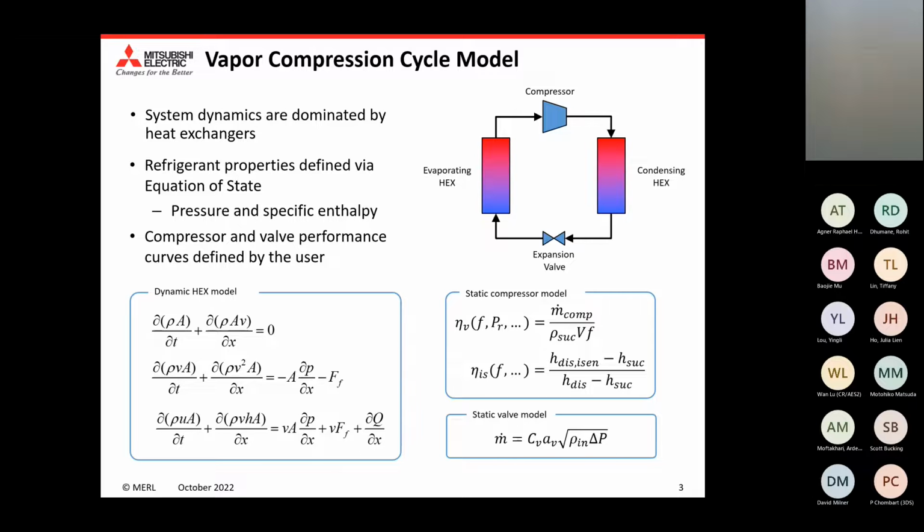In our work, the heat exchanger models are based on convection laws, and the compressor and the valve are modeled using the component maps, which can typically be obtained from the manufacturer. So I think the most crucial aspect of modeling the heat exchanger is how to describe these conservation laws.